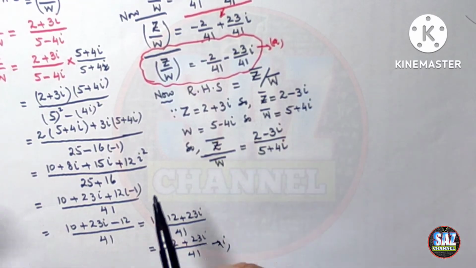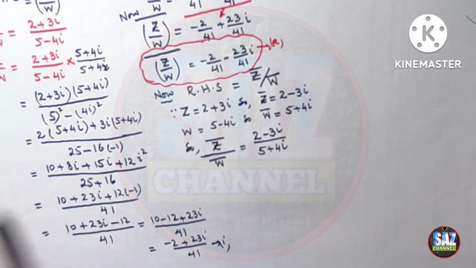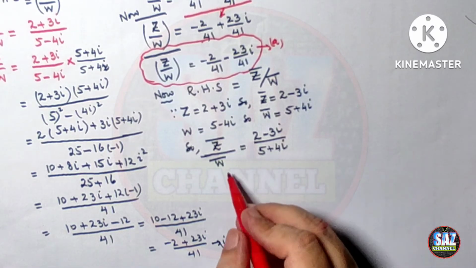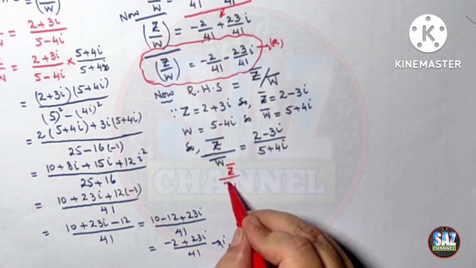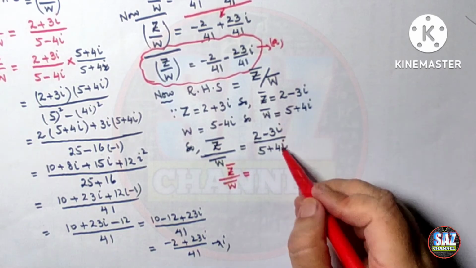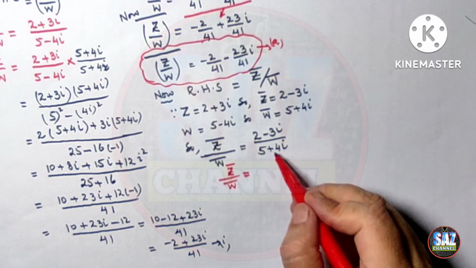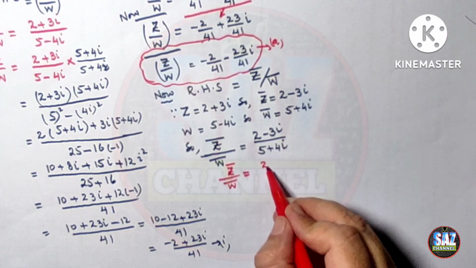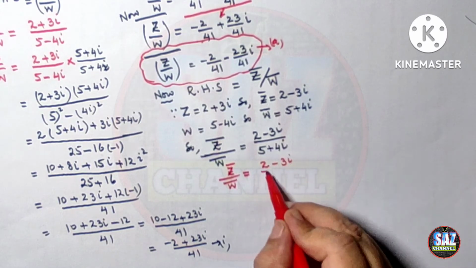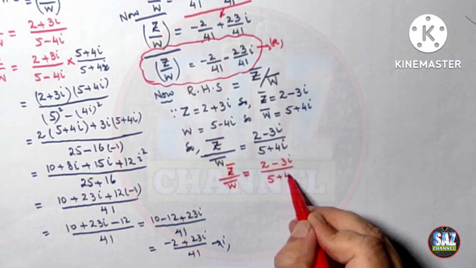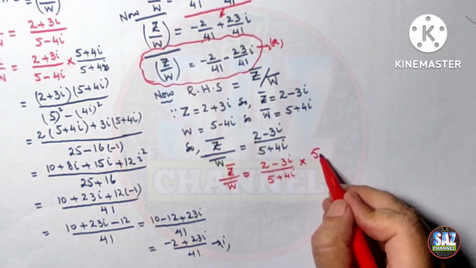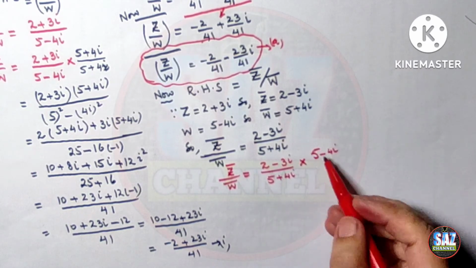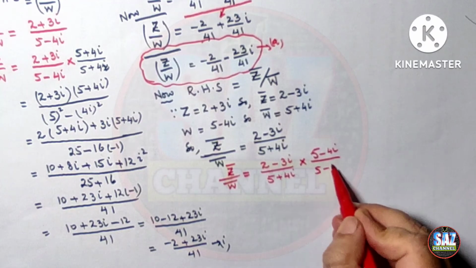Again, we have the fraction with us, and in order to solve the fraction, we have to multiply and divide the whole fraction, or numerator and denominator, by the conjugate of the denominator. So it will take the form (2 minus 3 iota) upon (5 plus 4 iota) multiplied by the conjugate, which is (5 minus 4 iota) upon (5 minus 4 iota).